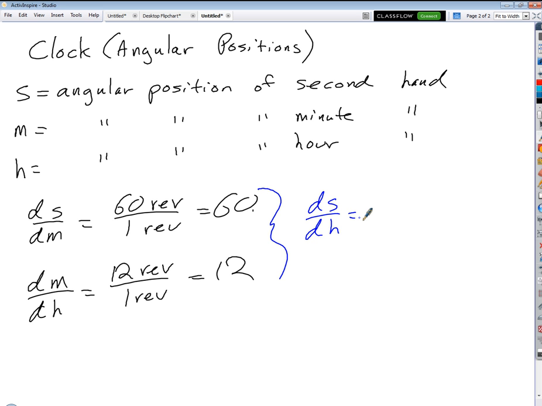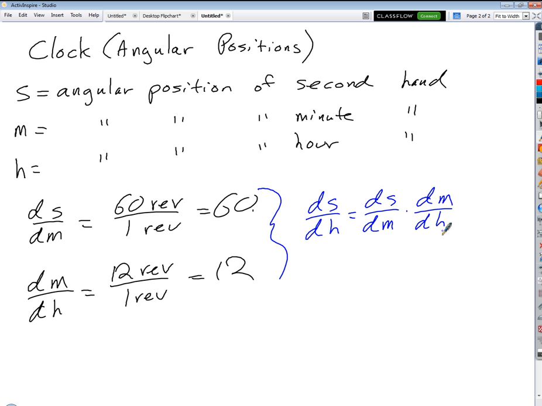The rate of change of the second hand with respect to the hour hand has got to be the product of the rate of change of the second hand with respect to the minute hand times the rate of change of the minute hand with respect to the hour hand, because they're piggybacking on one another. This will help you conceptualize that: for every time the minute hand goes around, the second hand goes around 60 times, right?